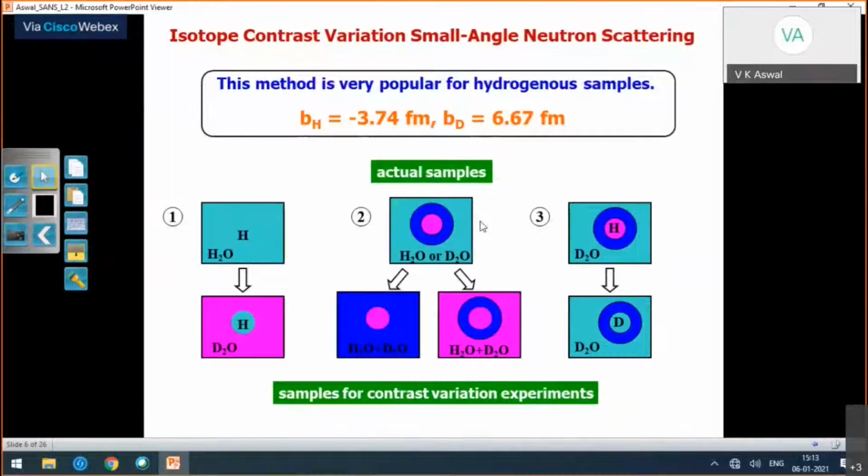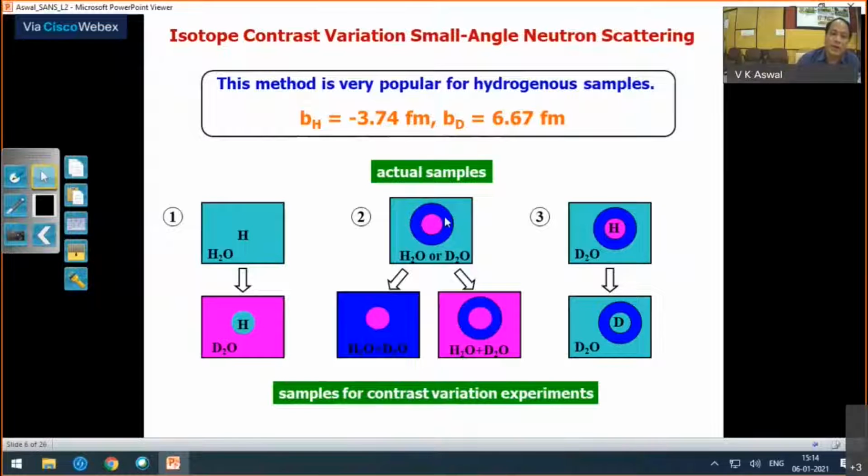The one which is most used and also easy to use is the isotope contrast variation. And I already said this is very popular for hydrogenous samples. For hydrogen and deuterium, your scattering lengths are very different.